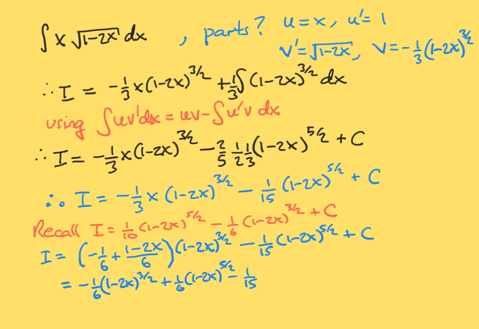That's now this term here, 1 minus 2x to the 5 halves plus c. And now this term here is exactly what we obtained here, minus a 6th, 1 minus 2x to the 3 halves.